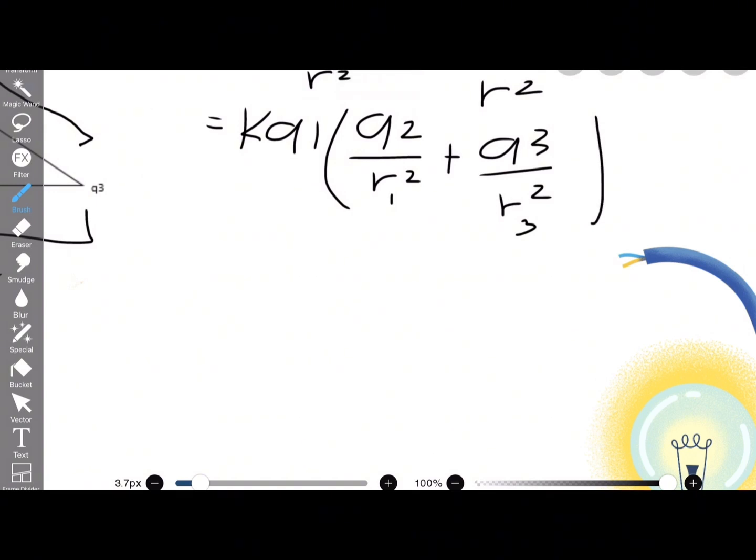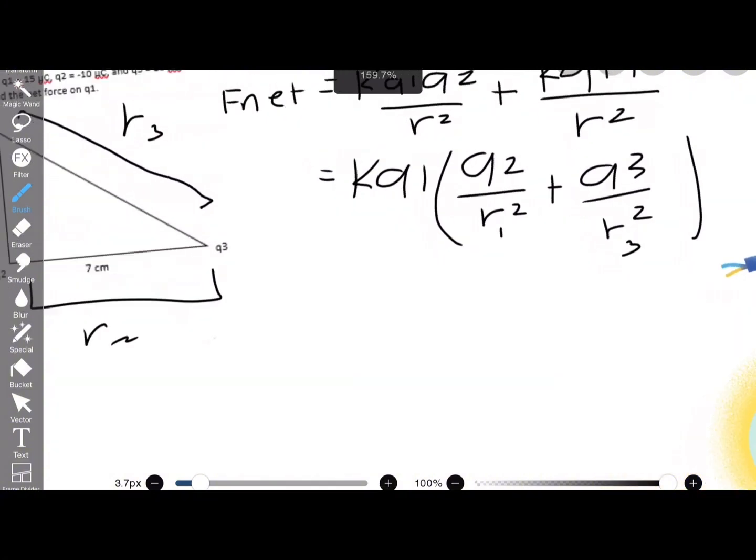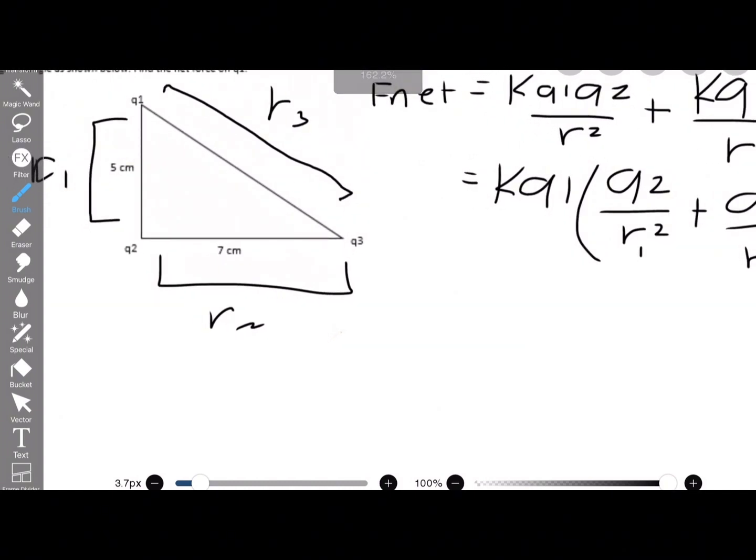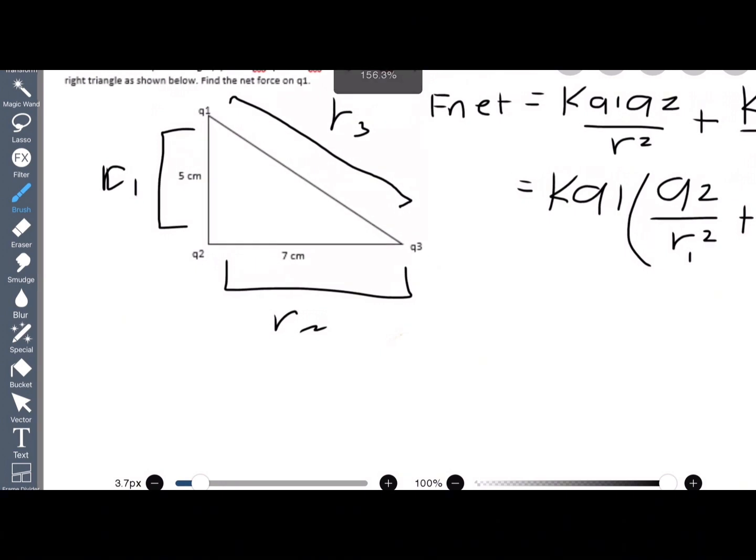However, just deriving the equation is not done yet. We must know if our Q2 or Q3 would be positive or negative. Why? Because this is very important in the sense that we are finding the net force on Q1. So as you can see, before anything else, in our Q1 to Q2, from our charge, it is positive. So this is positive and this is negative.